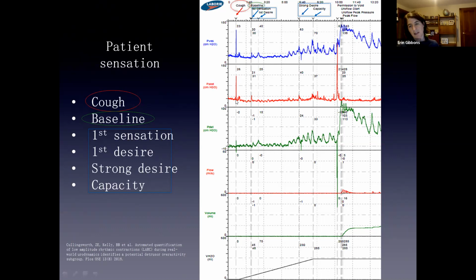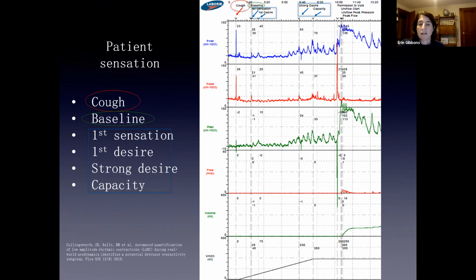Most commonly the test is going to be done with the person sitting down. Even with men, we usually do the test sitting down, although sometimes we will stand them up. At rest in the sitting position, the pressure within both the rectum and the bladder should be somewhere between 15 and 40 centimeters of water. They're going to be about equal, so when you subtract them from each other, your resting beginning detrusor pressure can be anywhere between -5 and 5.